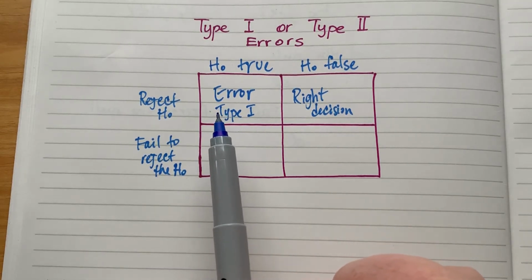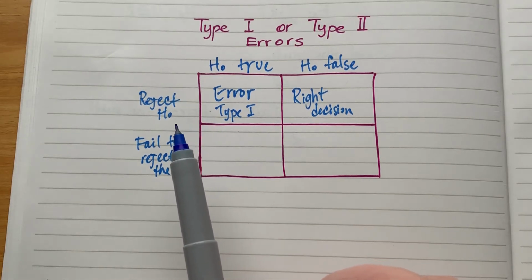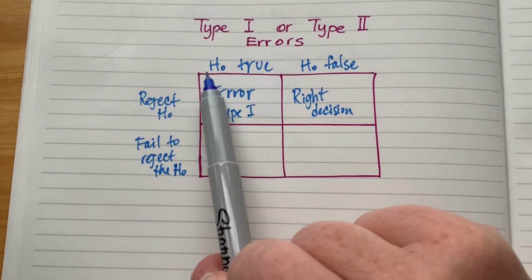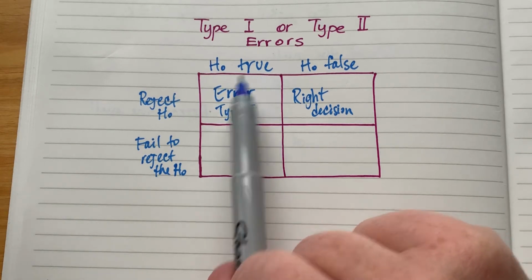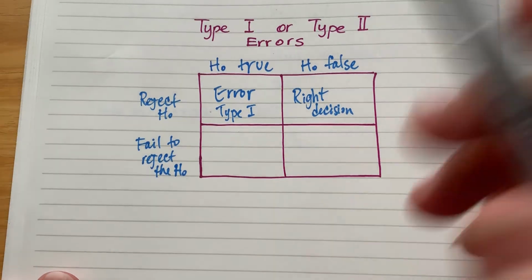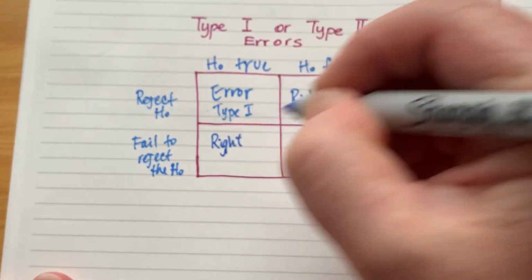We'll talk a little bit more about the example of a trial in the criminal system, but let's talk about now if the null was true. If the null was true and we failed to reject it, that's great. This is again a right decision.